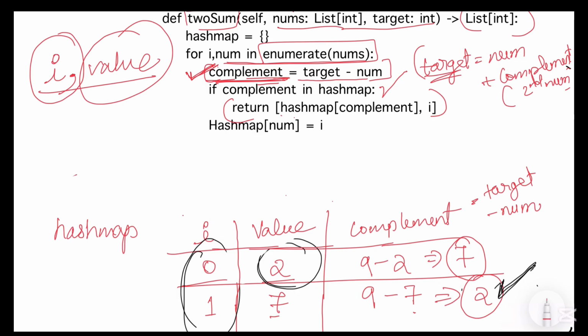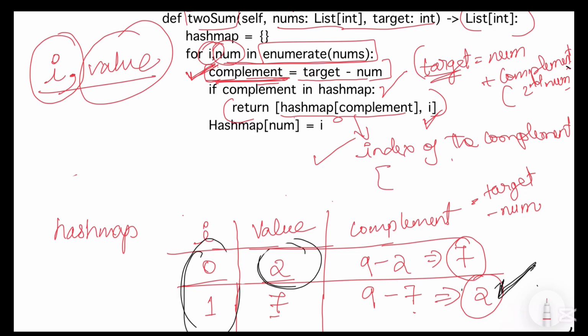This is the output. See here, hash map of complement is asking the hash map for the index of the complement which we found, comma, the index of the original number. This is how we get our output.